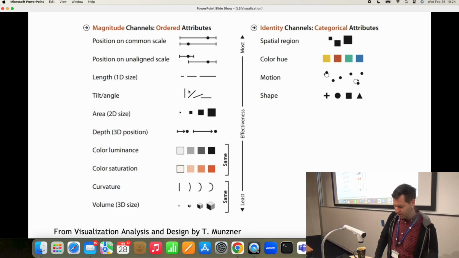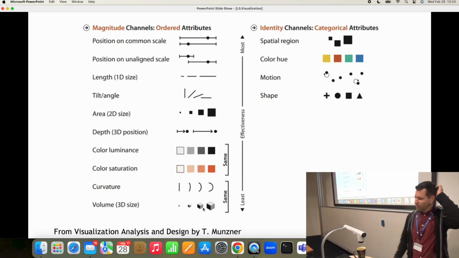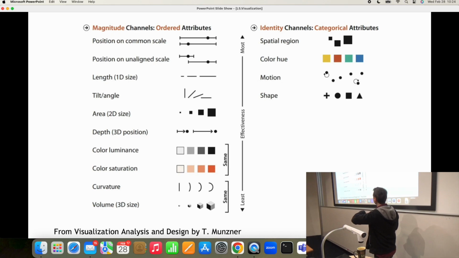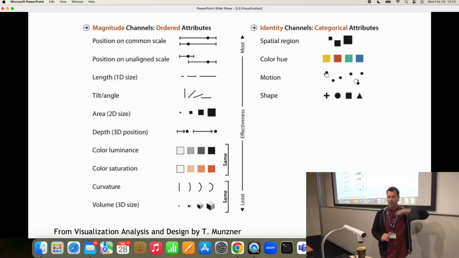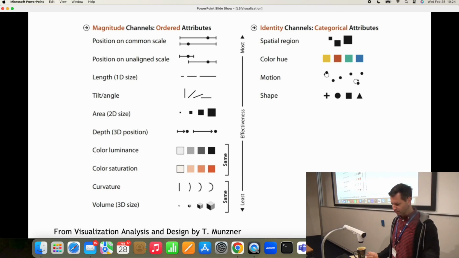Then tilt, then area, then depth, color luminance, color saturation, curvature, and volume. So that's a kind of ranking. If you had different options, you would probably start near the top and work your way down. And then for the identity channels for categorical data, you might use spatial position as your top most effective encoding, then color, then motion, which I think I have a slide for that, and shape.